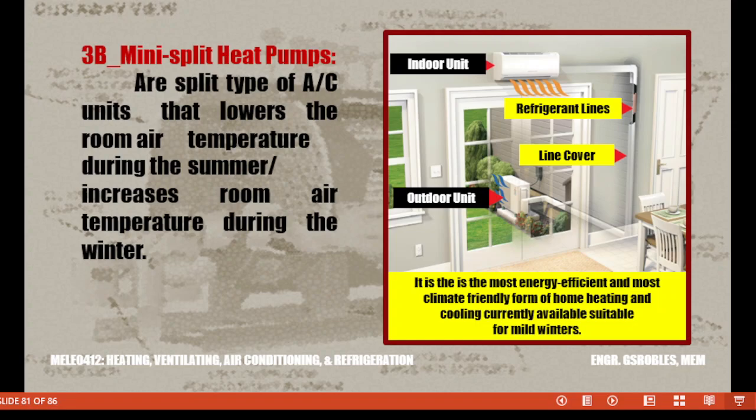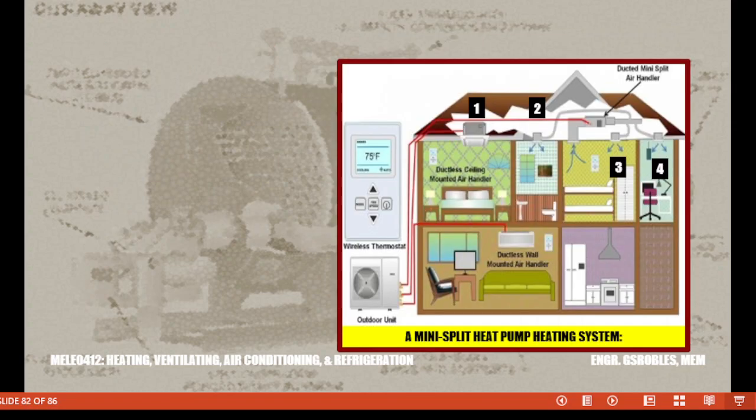So, split-type air conditioning units in the US have two purposes: they can be a heater, and they can be an air conditioner. As the word used is split, it means it has an indoor as well as an outdoor unit.